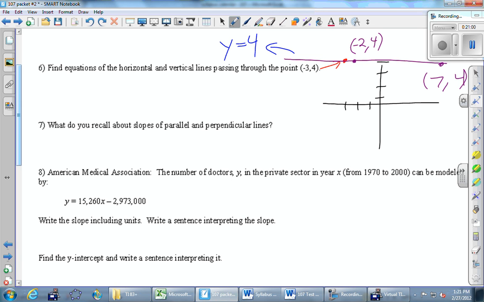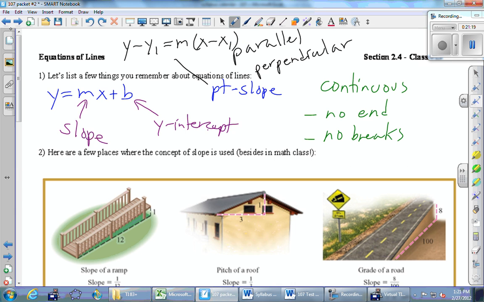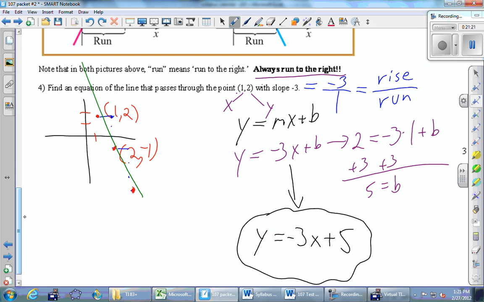It's the defining characteristic of every point on that line. The y coordinate is 4. It looks weird because there's no x's, but what did we discover about the allowable x's here? What x's are allowed? Anything. And it doesn't matter what x you pick, y is always 4. So we're not looking for something like down here, where depending on the x that you pick, there's only one y that's going to be the right answer.